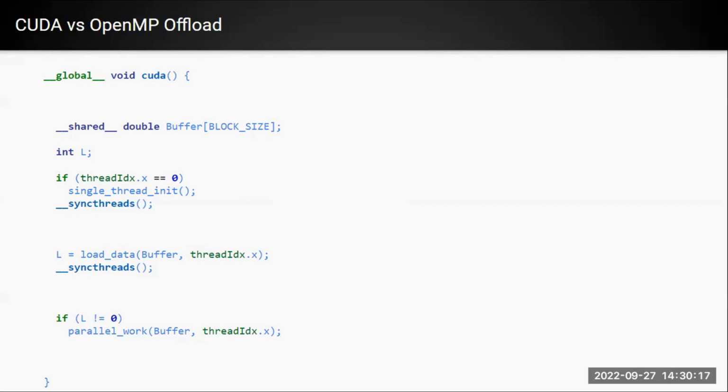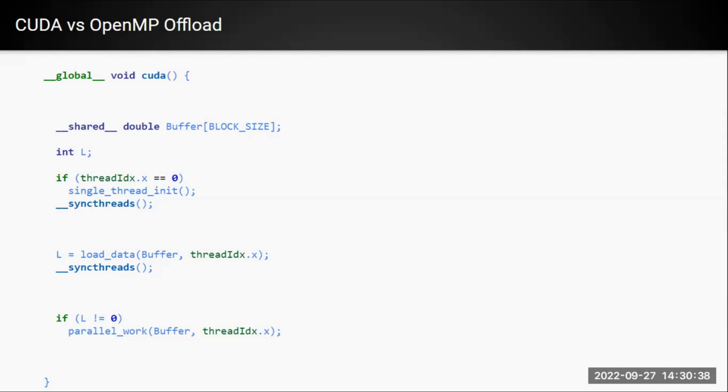So you have to manually say, hey, this buffer is not a local buffer for my thread, but a buffer that is shared across the entire team or the entire block. Then you have a local variable, which is thread internal. It cannot be accessed by other threads according to the CUDA specification.